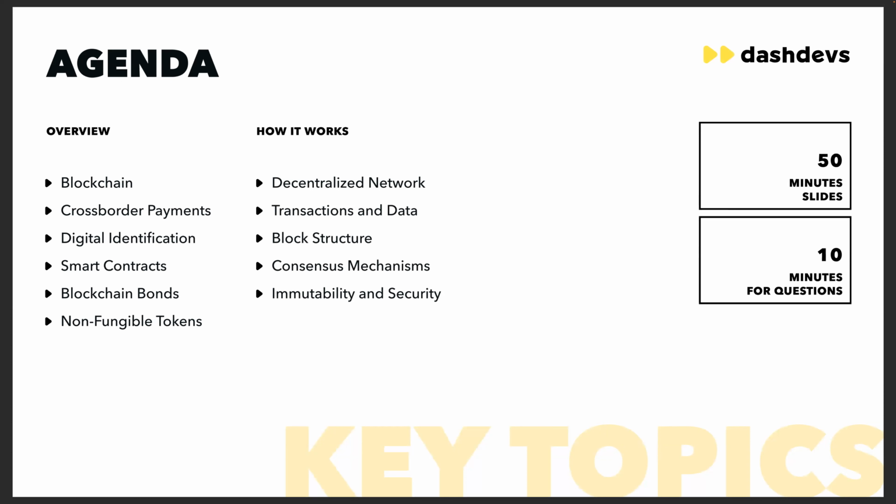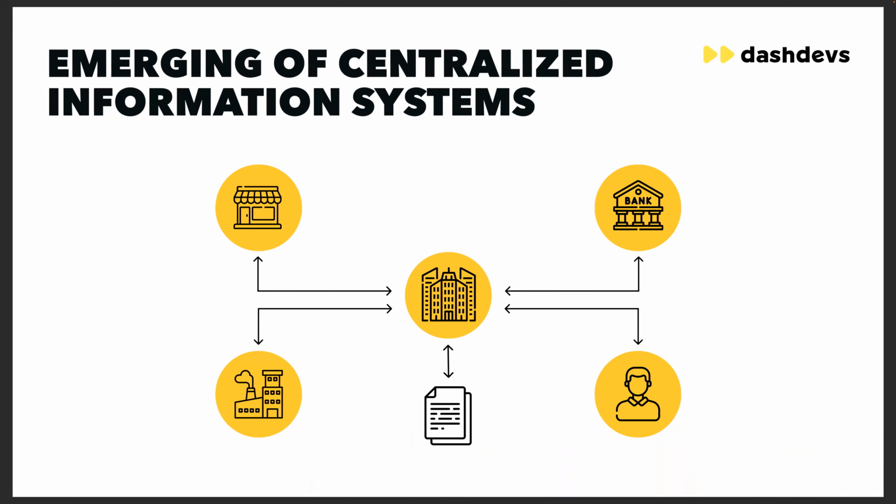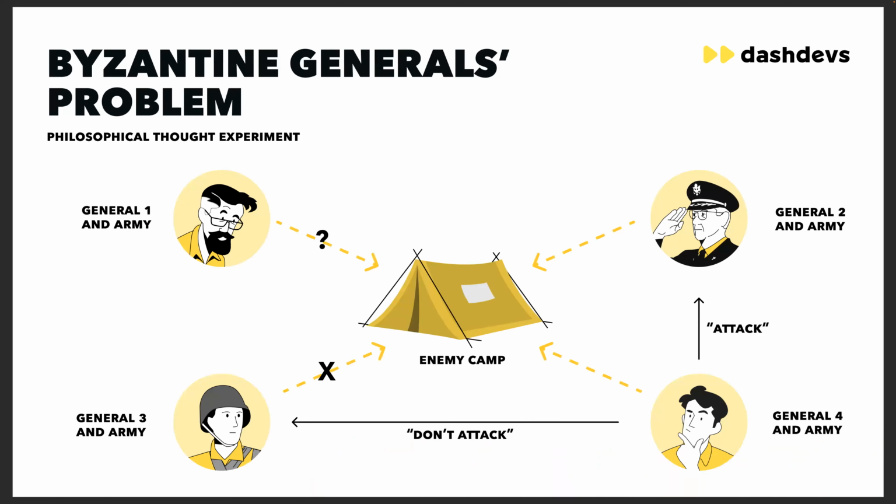which created an issue of information sharing if you would like to create a decentralized system, right? And that problem can be illustrated by a philosophical thought experiment, the Byzantine generals problem. I think it's this one, yeah.